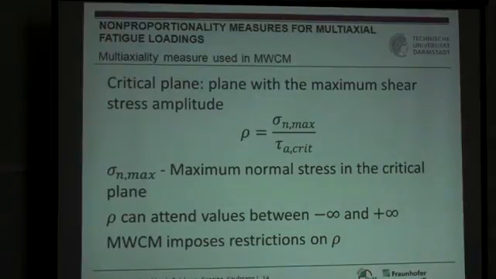And this value can attain each value between minus infinity and plus infinity, but the modified Wöhler curve method imposes certain restrictions on the value which can actually be used for particular evaluation. What I want to show are things which occur if measures of this kind, critical plane measures, are used.